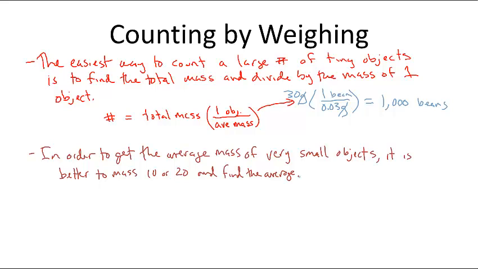So again, for beans, it's hard to put one bean on the balance and find out what the mass is, because the mass is so small and our balances are not nearly sensitive enough to pick that up. But if you measure 10 or 20 beans, then that mass might be enough to be measured on the balance. And if you do that 2 or 3 times with 10 or 20 different samples, you could get a very solid average.